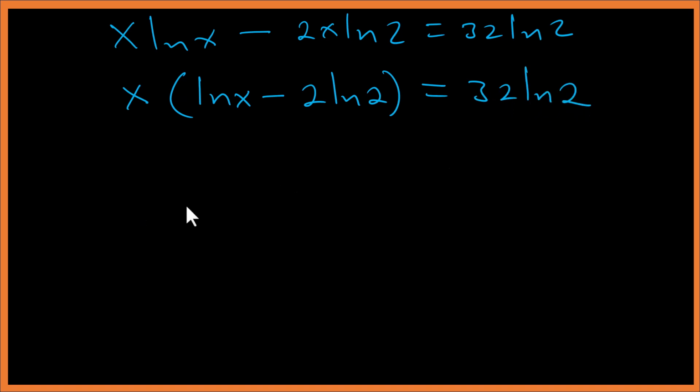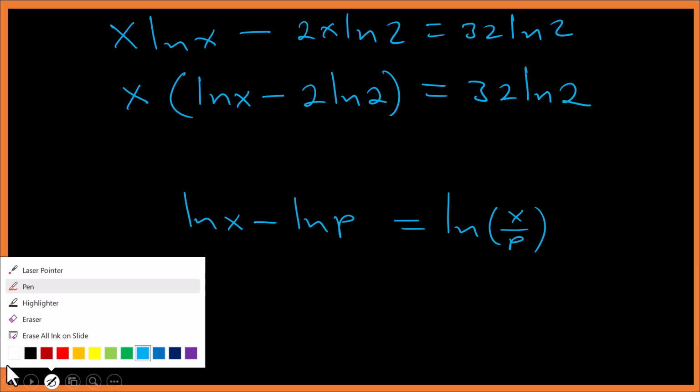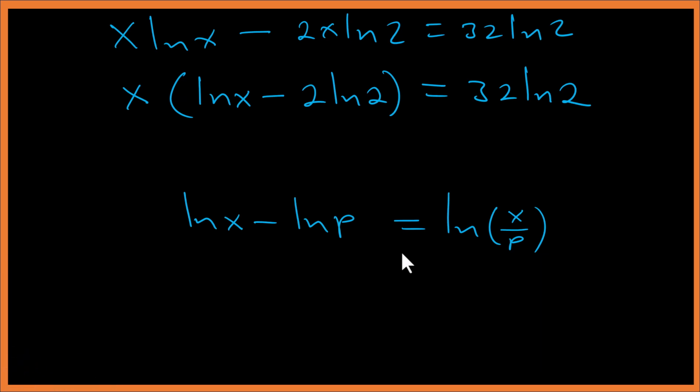Now, when we're given ln of x minus ln of p, it is the same as ln of x on p. This is a powerful rule in logarithm, okay? This one is the quotient rule.